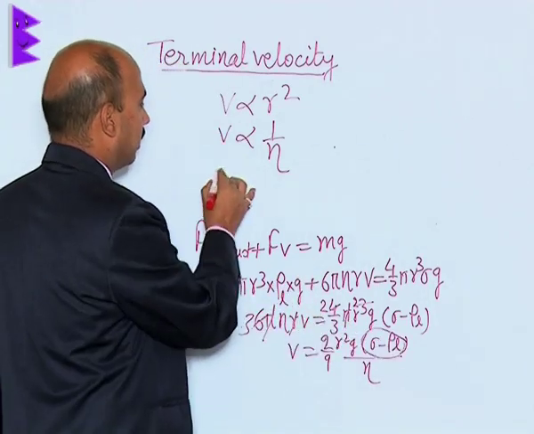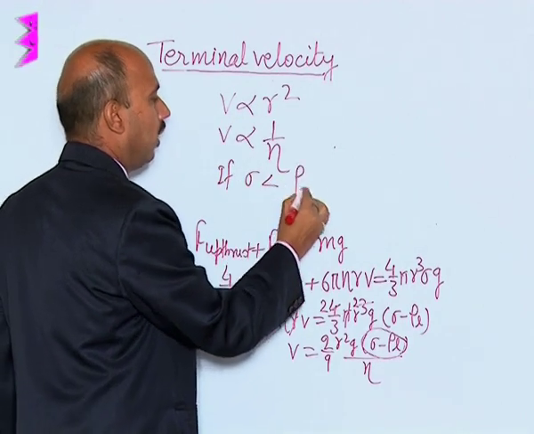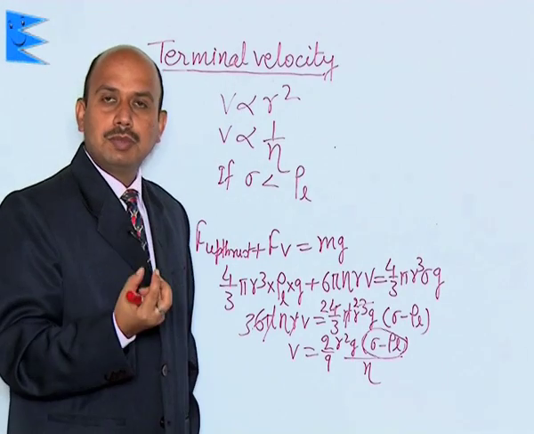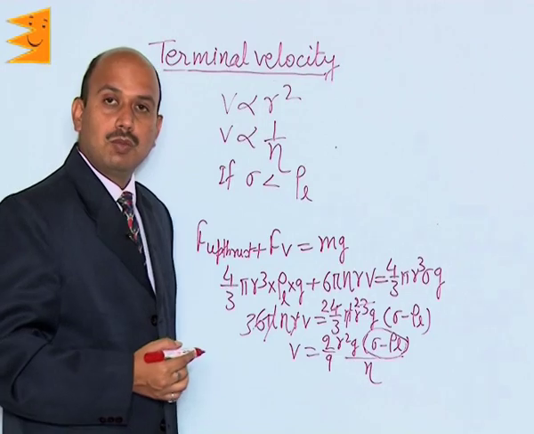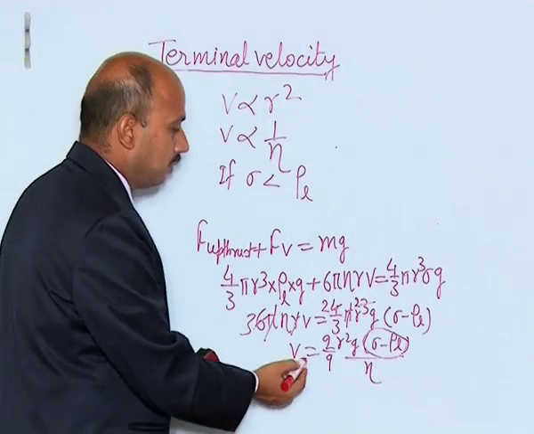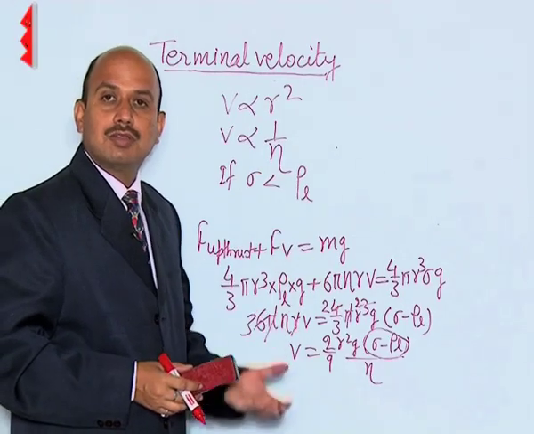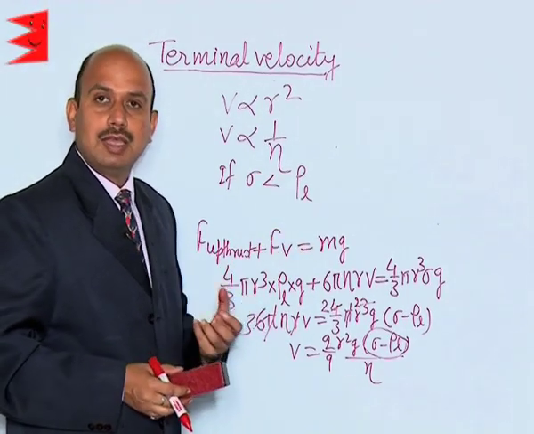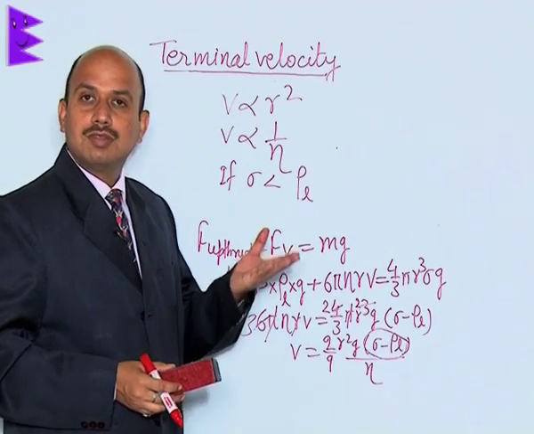Suppose sigma is less than rho L, it means the density of the body falling through the liquid is less than the density of the liquid, then the terminal velocity will become negative. It means the body which was coming downward will start rising up. You might have seen air bubbles in a cold drink bottle; these bubbles rise up.